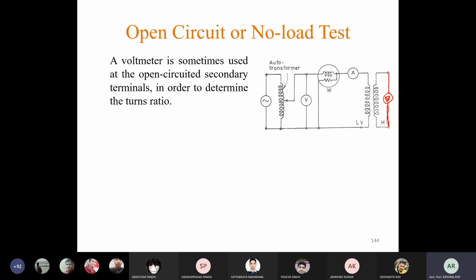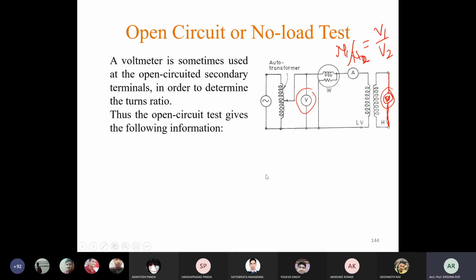So this voltmeter reading and this voltmeter reading will give you the ratio of this transformer, that is turns ratio N1 by N2 is equal to V1 by V2. If the transformer turns ratio is not mentioned in the nameplate data, then we can use this voltmeter and this voltmeter readings to know the turns ratio.